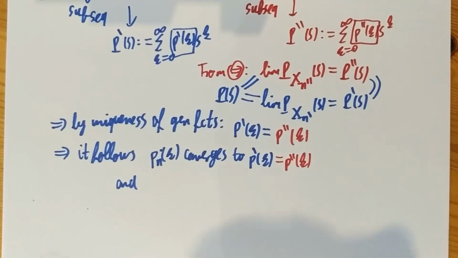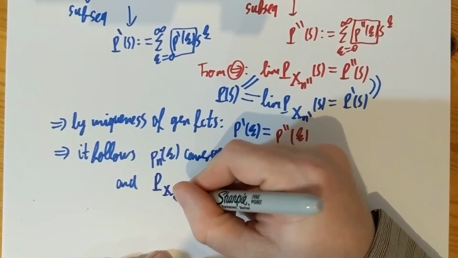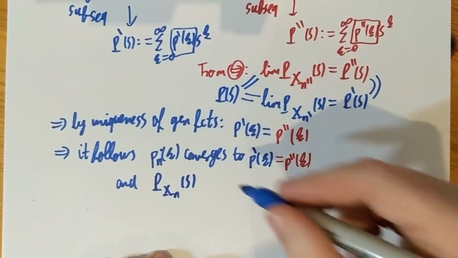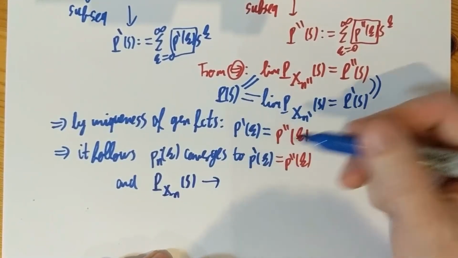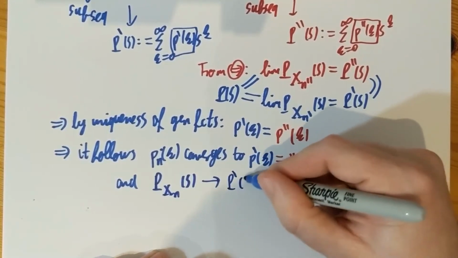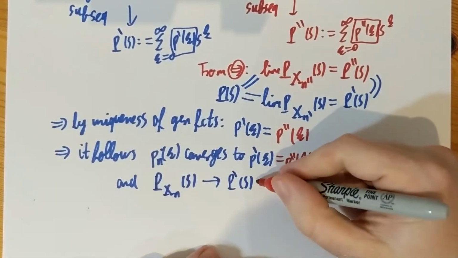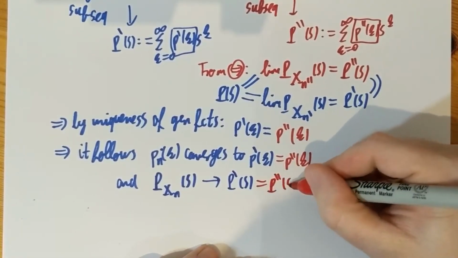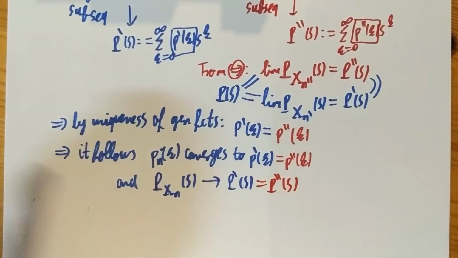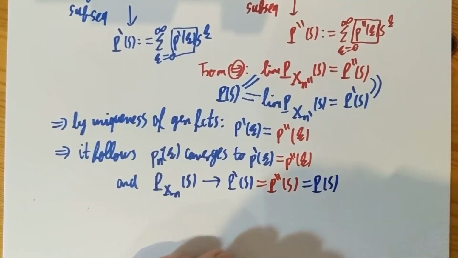So therefore, the generating function P x n of s must converge to either P prime of s or P double prime of s, and both of those are equal to P of s. Okay?